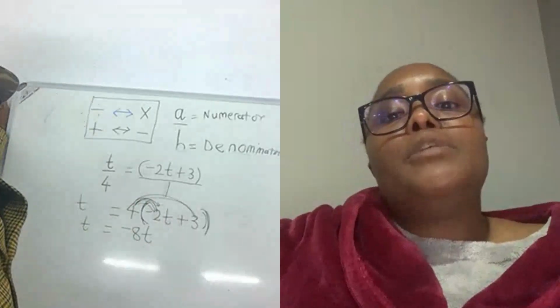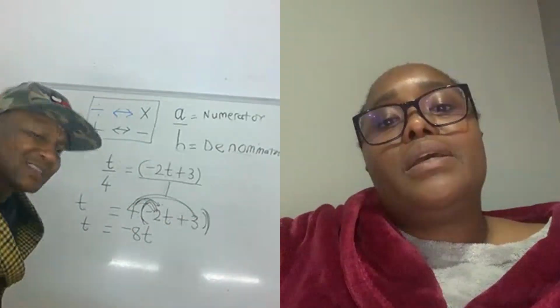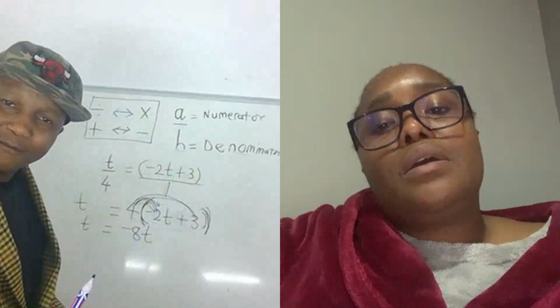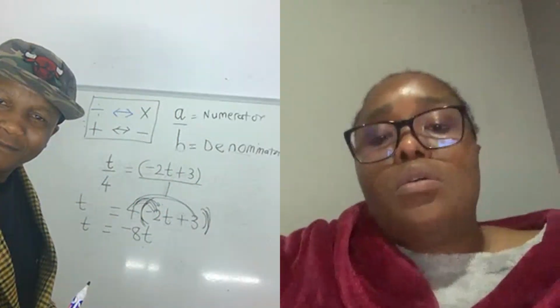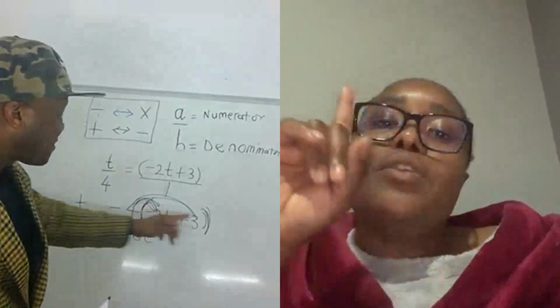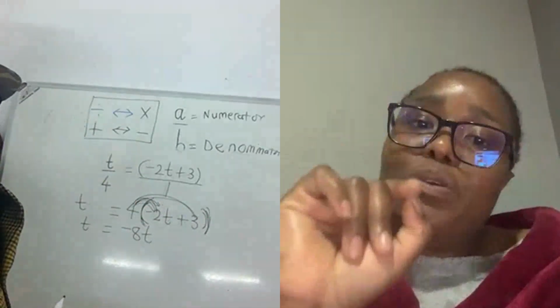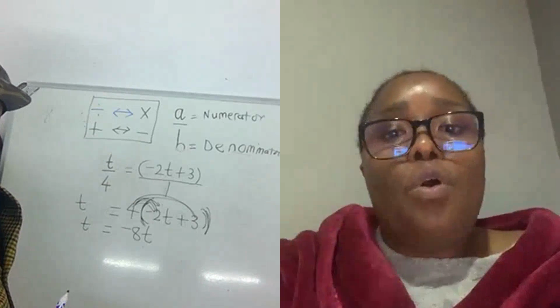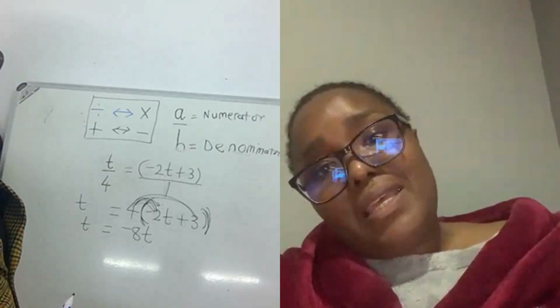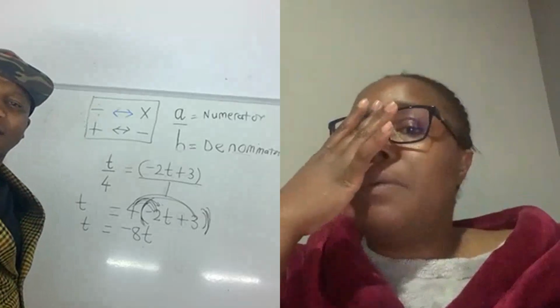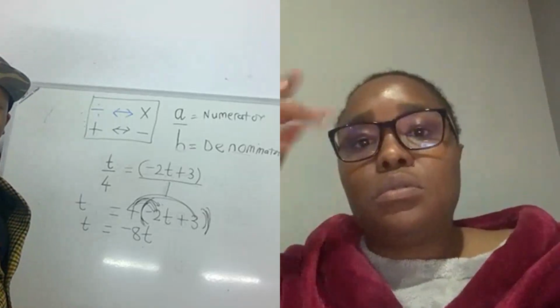So it's going to be 4 multiplied by negative 2 and 4 multiplied by 3. Very good.